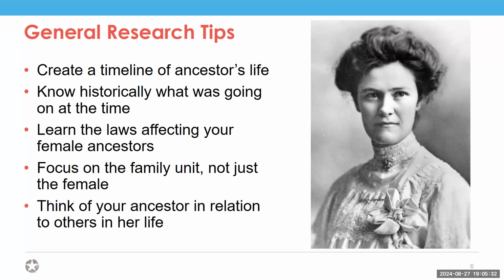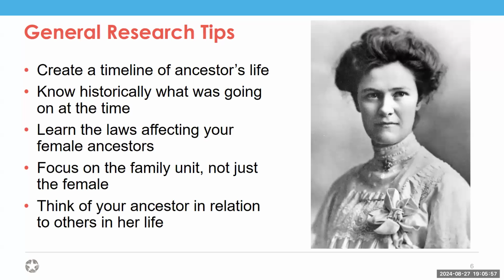That way, you can easily, at a glance, see major milestones in your ancestor's life. To this timeline, you can also add historically what was going on at the time. If you include any major historical events that might have impacted your ancestor's life, that might give you more clues about the documents where you might find them.